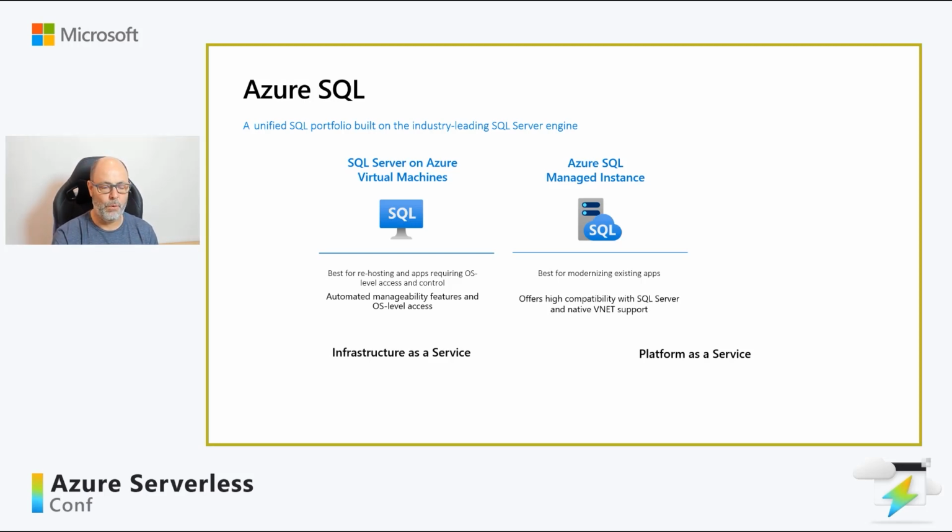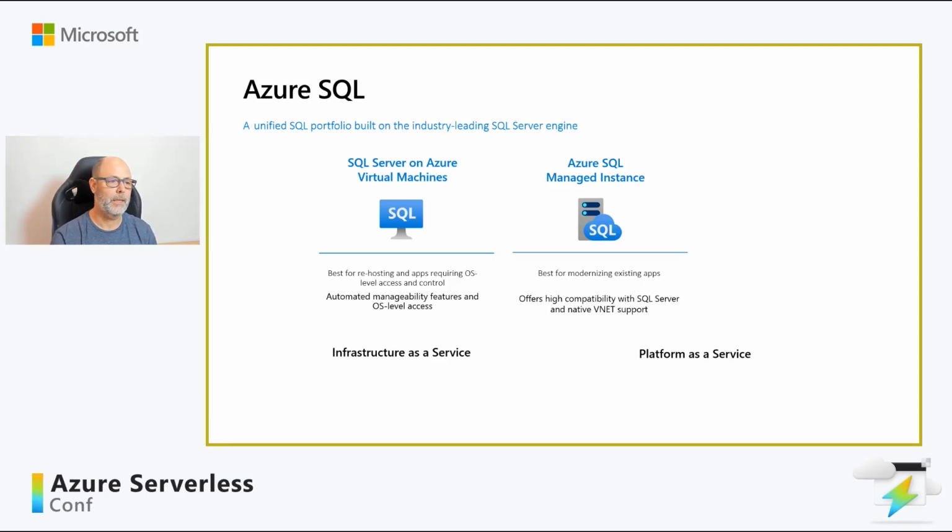We don't need to worry about applying patches because Microsoft is doing it again behind the scenes. In terms of backups, also are being made by Microsoft as part of the service, so we don't need to worry about that.